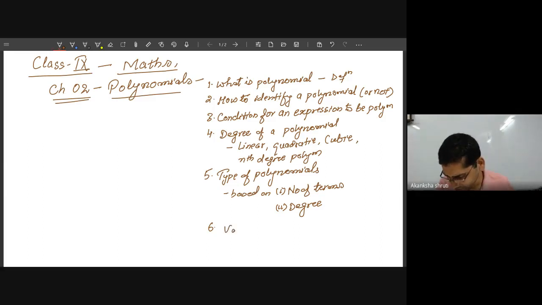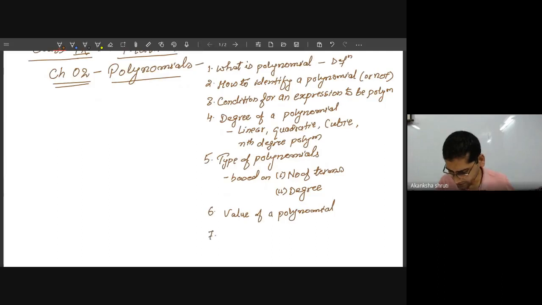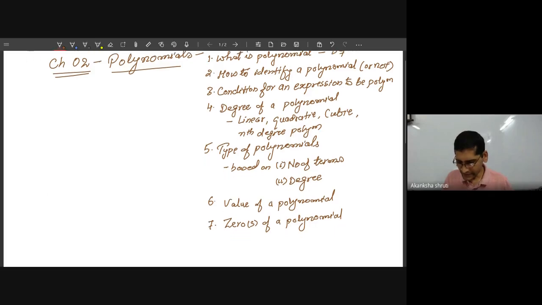We'll learn about the value of a polynomial, afterward we will learn about the zeros, zero and plural is zeros of a polynomial. We will also learn a polynomial can have how many zeros, those things we will also learn. So these are the main things.